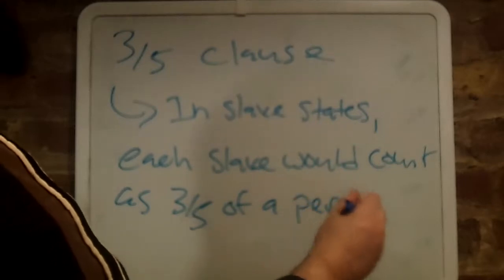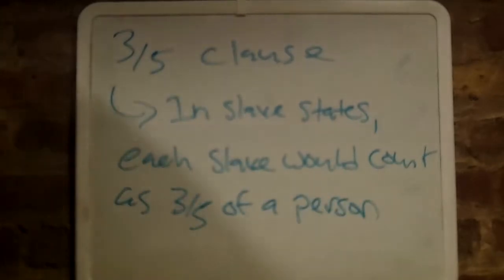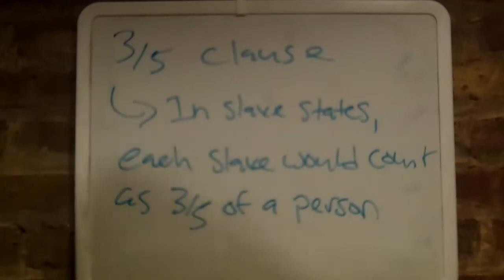So there was an argument about whether to count the slaves in the population of the state. The non-slave states say, well, it's not really fair to count the slaves in your population since they can't vote. And the slave states complained, and they argued back and forth, and finally they came to a compromise that says, okay, we'll count the slaves, but only, let's say a slave is 3/5 of a person. So that was the 3/5 clause.